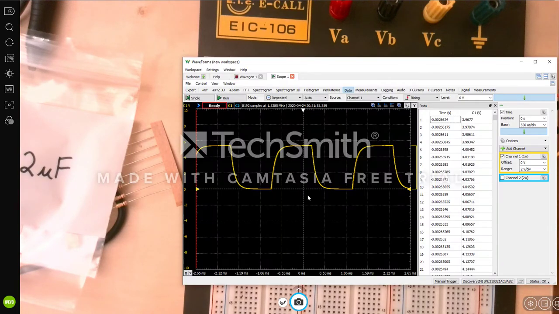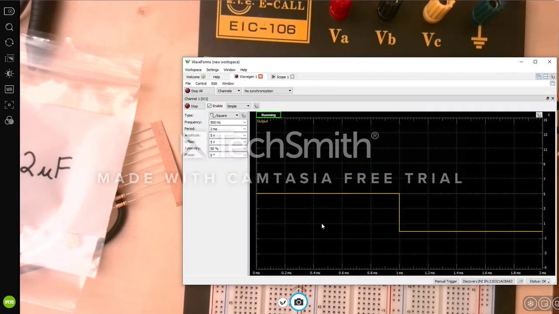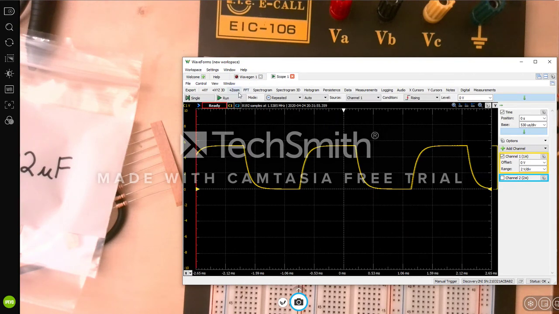All right, let's go back to waveforms and yeah, we keep the same waveform, the square wave with 5-volt amplitude and 2 millisecond period. All right, let's go to our scope and run.